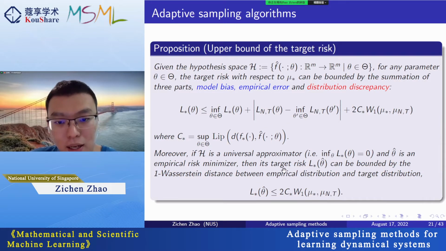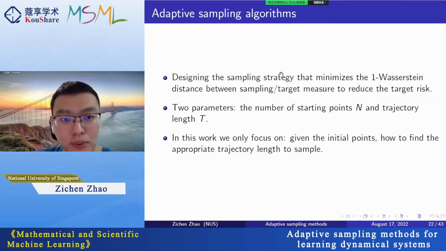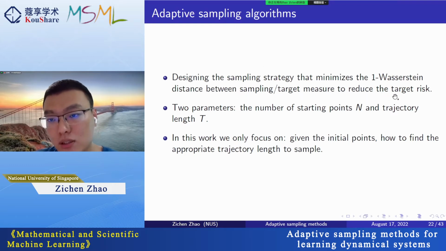So the target risk is then only bounded by a constant times the distance between mu star and mu_n^T. So once we have this proposition, one can design sampling strategies that minimize the Wasserstein distance between the sampling and the target measure to reduce the target risk.